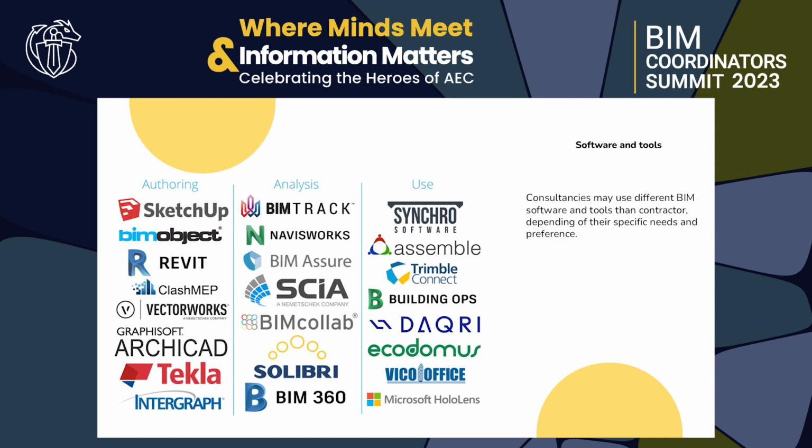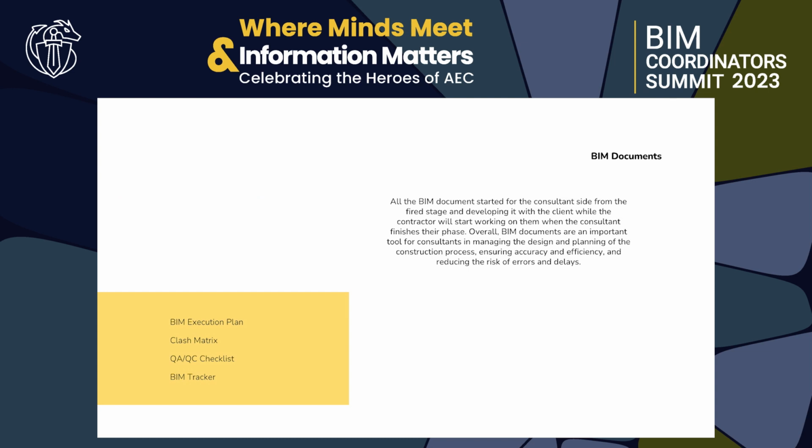Each stage requires software that makes the workflow smoother. So you can find here 3 phases: authoring, analysis, and use. The major software used in BIM is Revit for architecture, structure, and MEP.